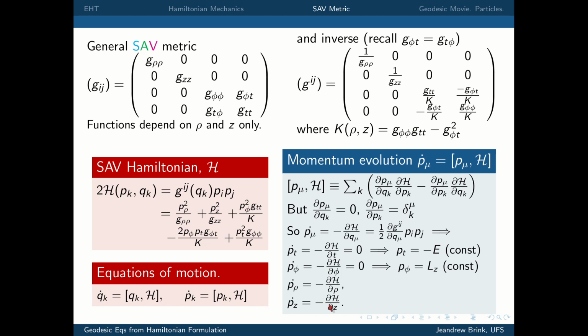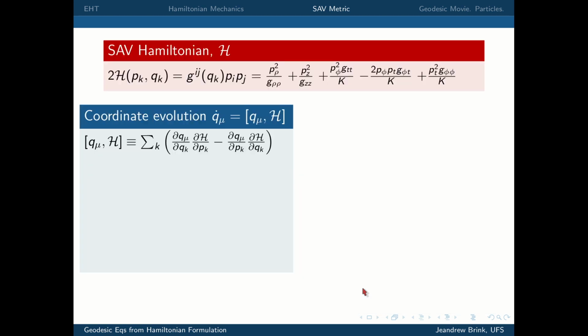But it's still easy to calculate, because you can simply differentiate this whole matrix with respect to rho, and then contract it with a momentum column vector and a momentum row vector, and then you have the answer, and similarly with z. We are simply differentiating this upper matrix with respect to rho and z. And so now we have all the momentum equations.